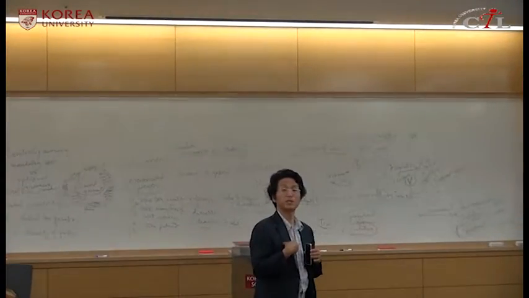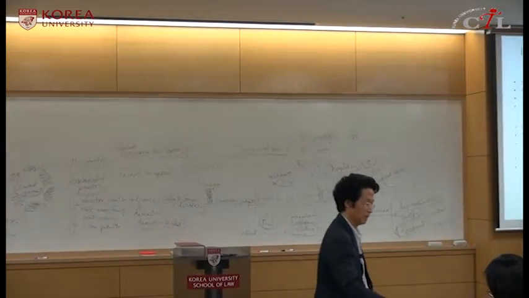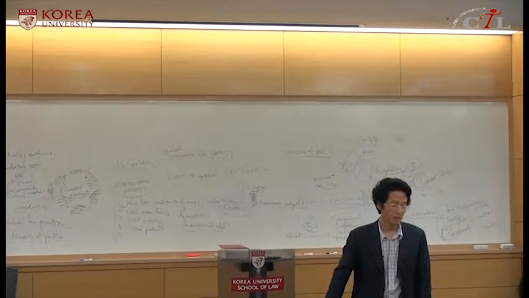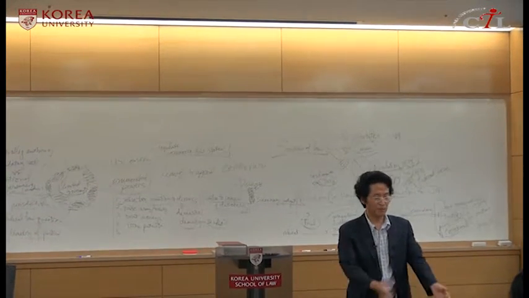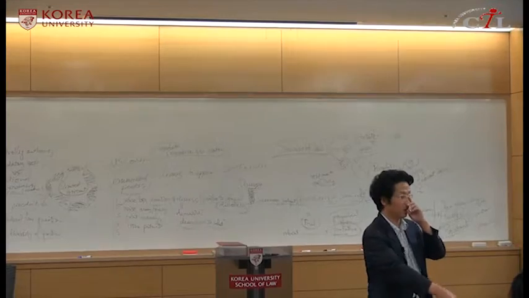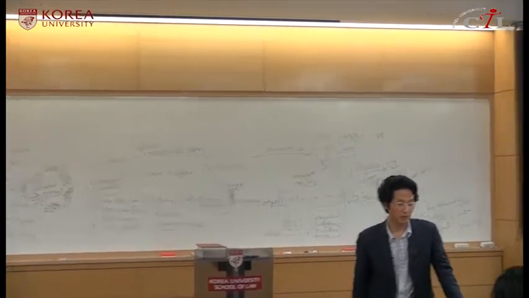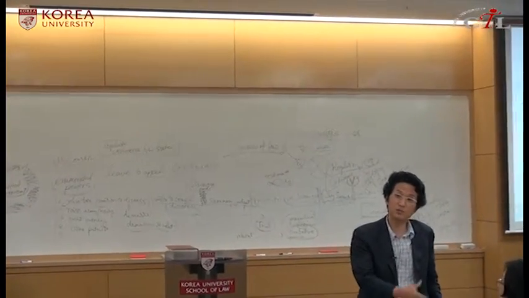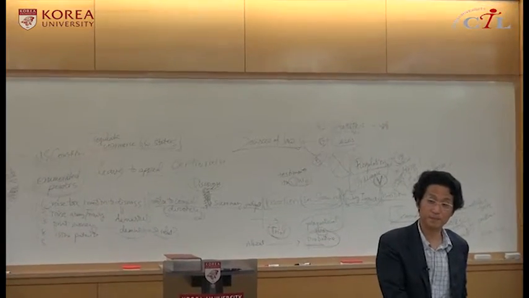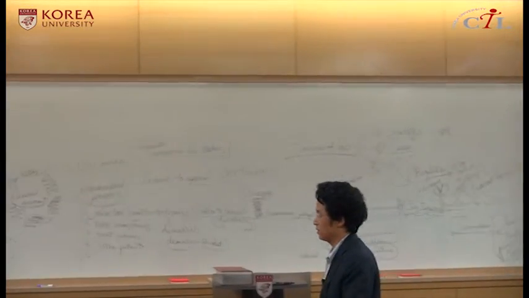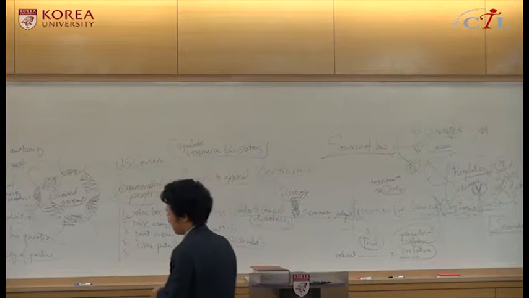Conversion into my possession. That's why it's called conversion. But if I'm not taking it away, not converting it into my possession, but I'm interfering with her using the phone, then that's considered trespass to chattel.